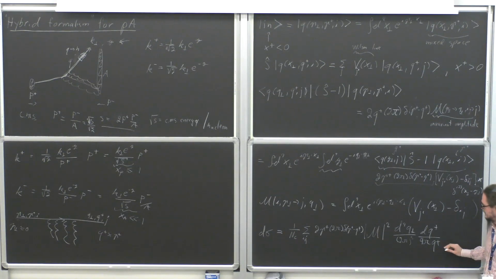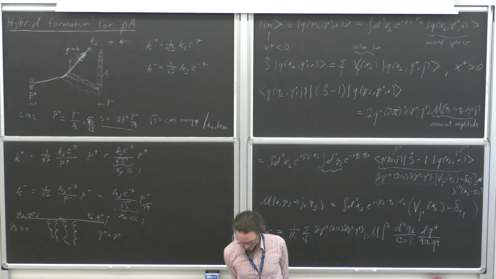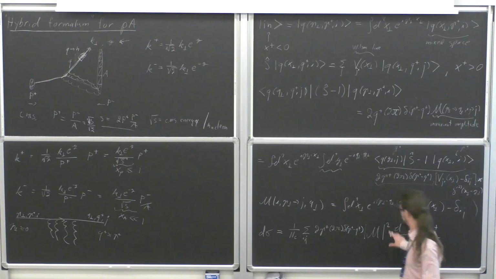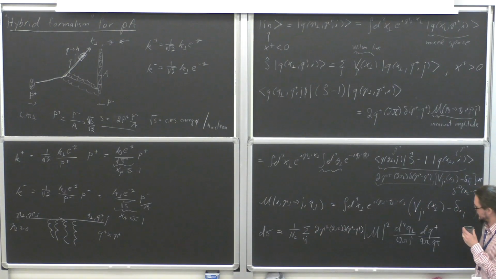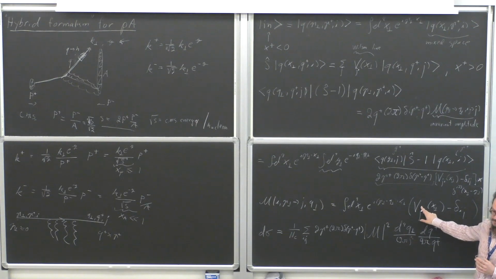So this is what you have. You plug this in here, and here is your cross section. So now we have calculated an expression for the cross section. Now we actually have something that we can really use to calculate these, assuming we know what the Wilson lines are.